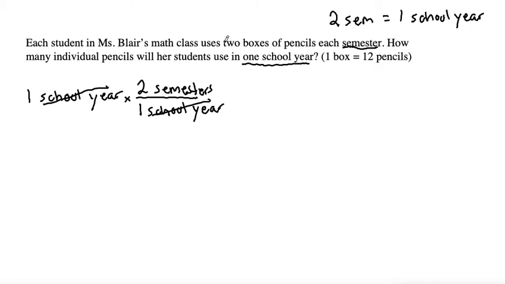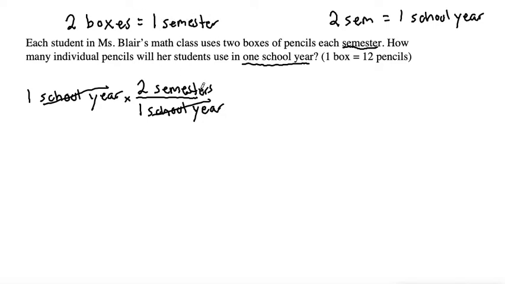Now this information they gave us, that each student uses 2 boxes of pencils each semester, makes another equivalency: 2 boxes of pencils in 1 semester. So this gives us another conversion factor.